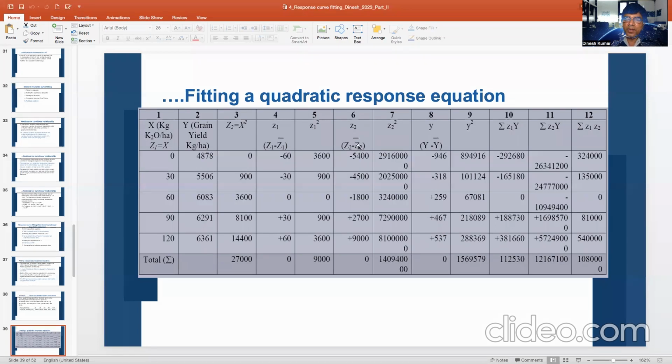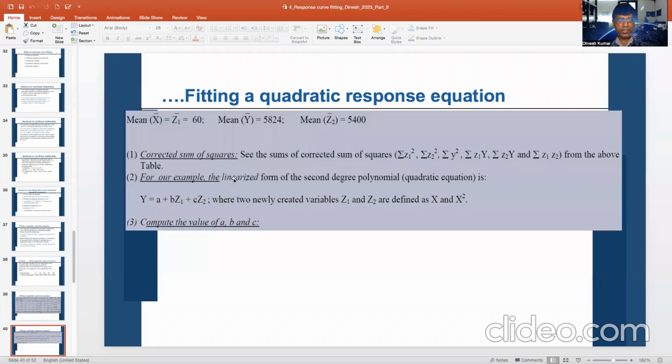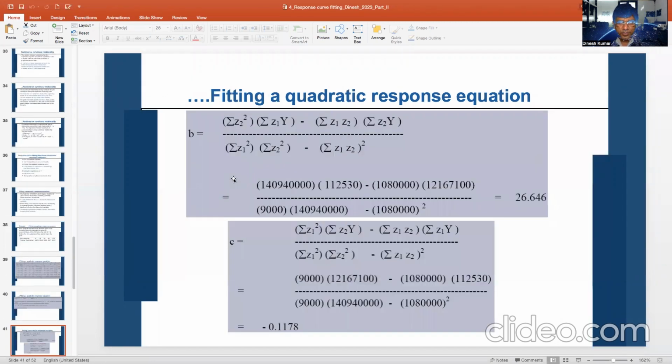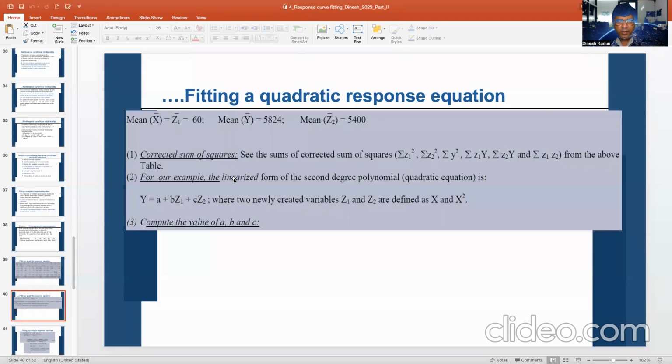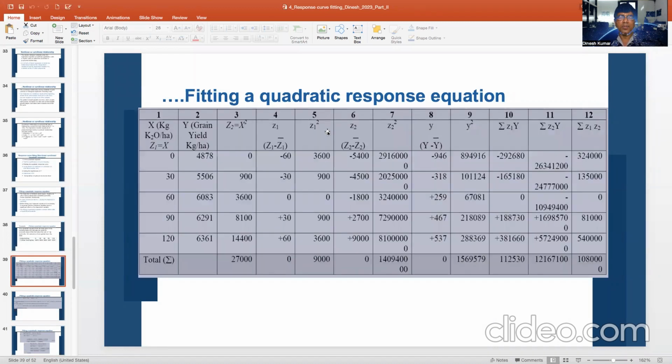This is capital, and you calculate small z2. Small z2 means Z2 minus Z2 bar. So you know about Z2, column number 3 is Z2. You take the mean of this, whatever mean is there for Z2. 5400 is the mean of Z2 here, 5400.